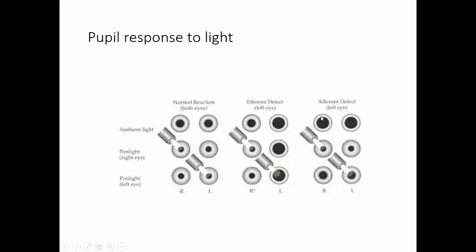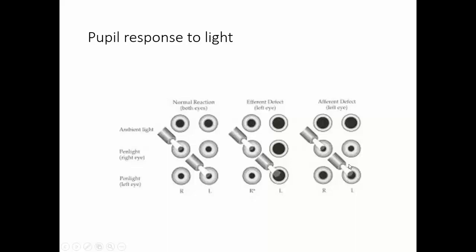Then you have afferent pupillary defect, where the pupil size is equal. There is no anisocoria. The person has drawn it rather large, but it doesn't have to be this big. It could be something like this, but it definitely won't be something like this. So there are similar size pupils, and when a light is shown to the right side, you get a very nice response in both sides, direct and consensual.